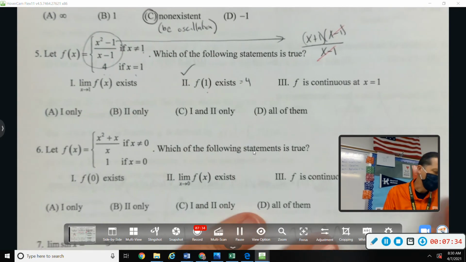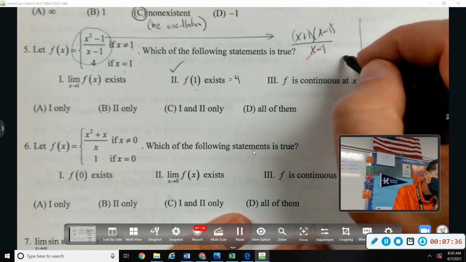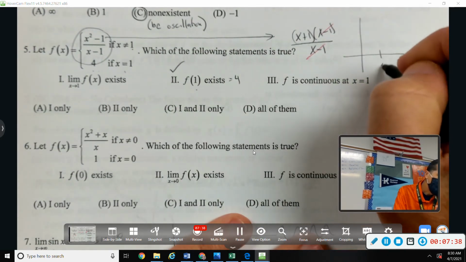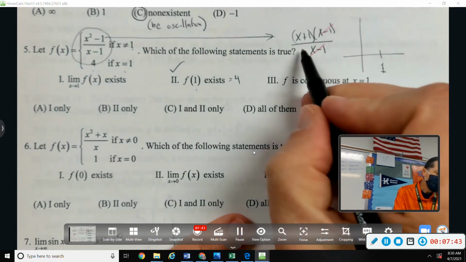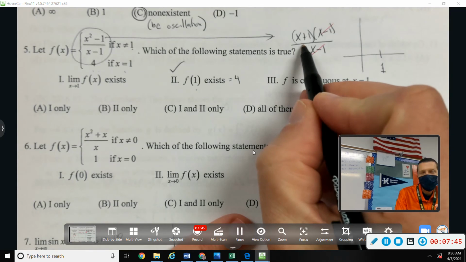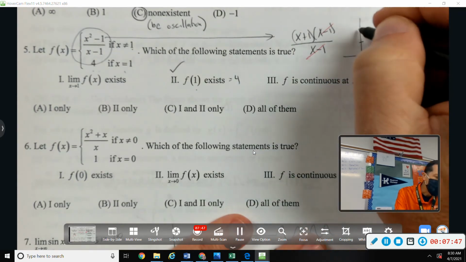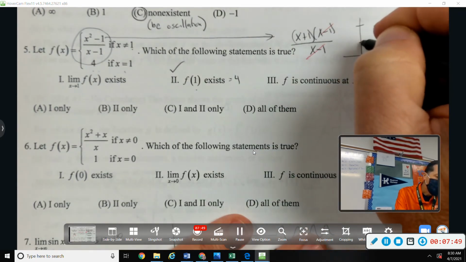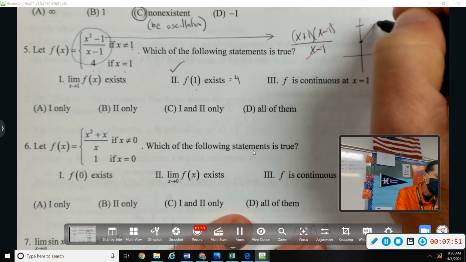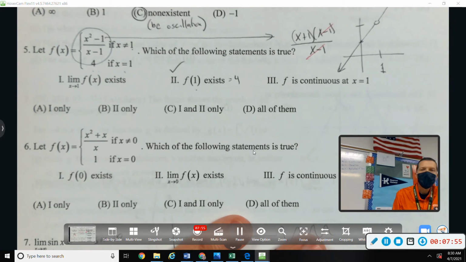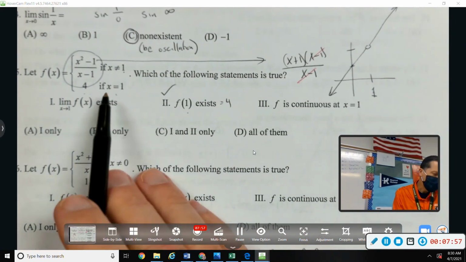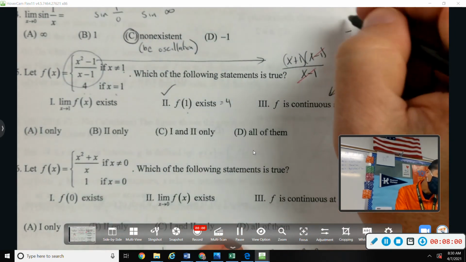F is continuous, or the limit exists. I need to be careful here. So at x equals 1, there's a hole there. It's the graph of y equals x plus 1, so that would be up 1 over 1, although there's a hole at x equals 1. And then this says when x is 1, y is 4.